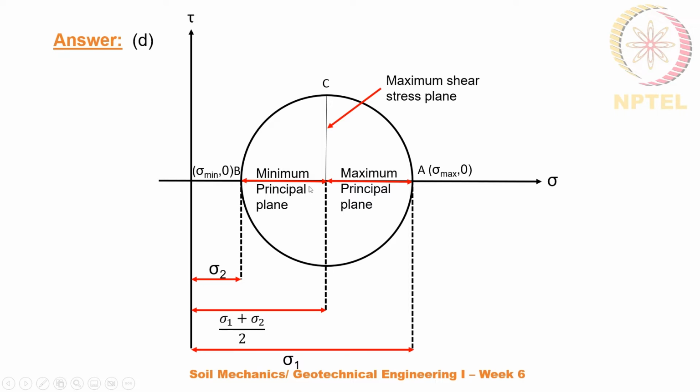So we need the distance or the radius of this particular circle plus this distance. So from origin to the center of the circle is the required normal stress. So that value will be equal to sigma 1 plus sigma 2 by 2.